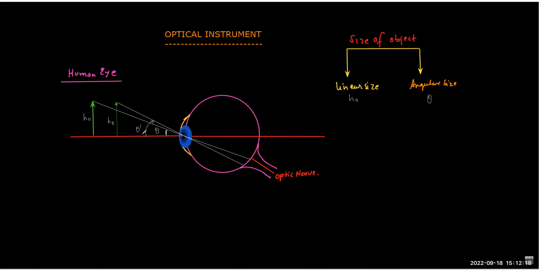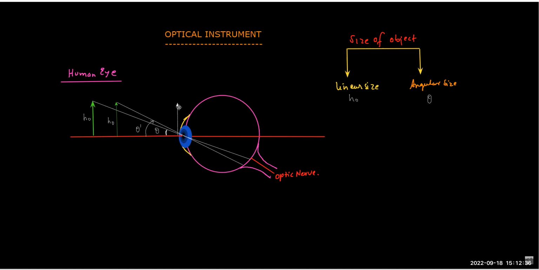So the obvious thing is that as the object approaches the human eye, the size will keep on increasing. So when can we see the maximum size? When the object is closest to the eye, correct?